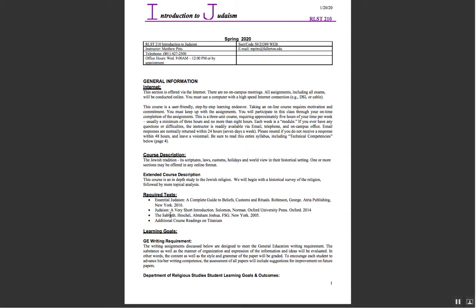We also have Judaism: A Very Short Introduction. The Sabbath by Abraham Joshua Heschel, who's an influential Jewish theologian and rabbi here in the United States. He has passed away for a number of decades, but his influence is very significant. And then there'll be some additional course readings as well.